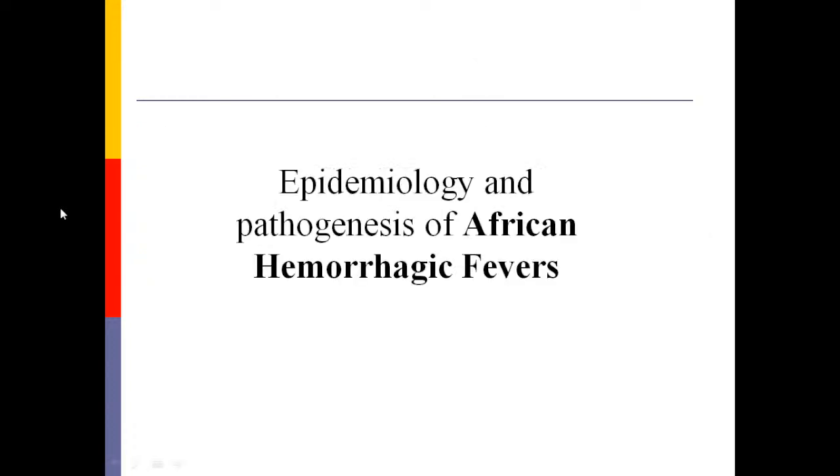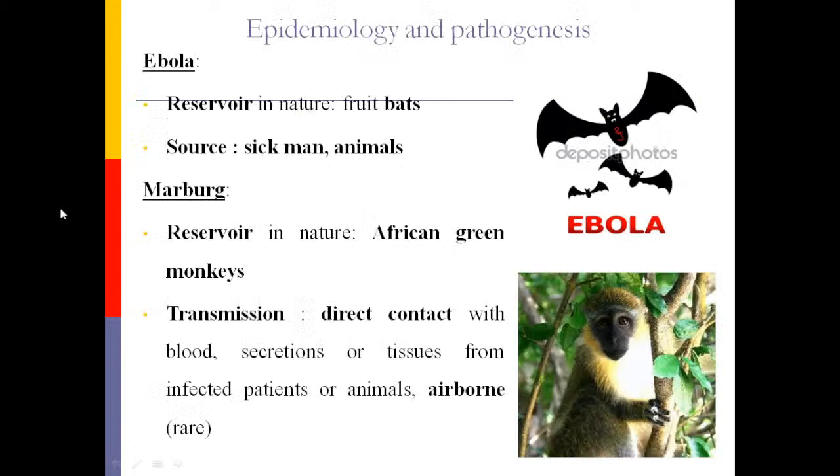Now about epidemiology and pathogenesis of African hemorrhagic fevers. Ebola virus: the natural reservoir in nature is fruit bats. The source may be sick people and animals.